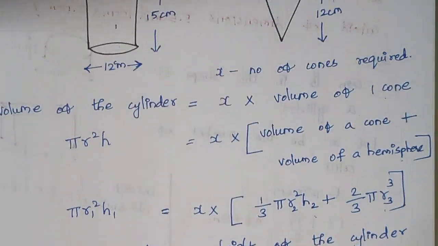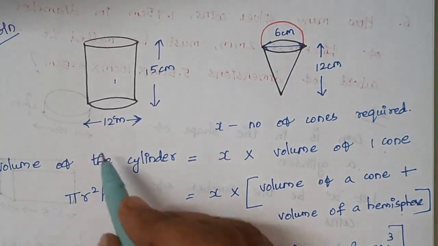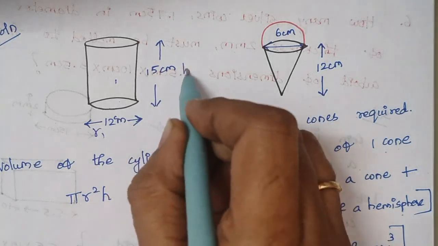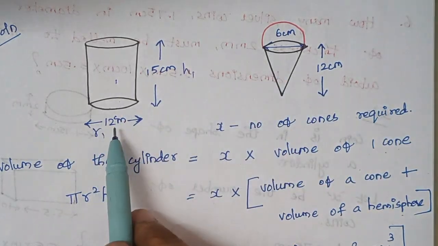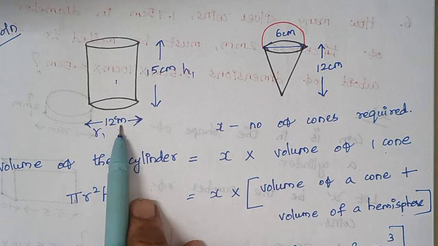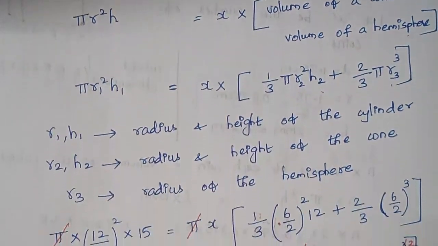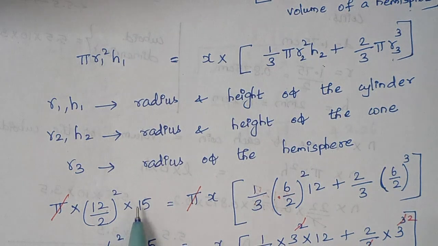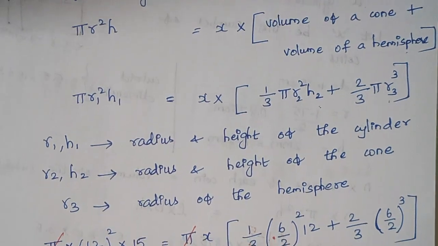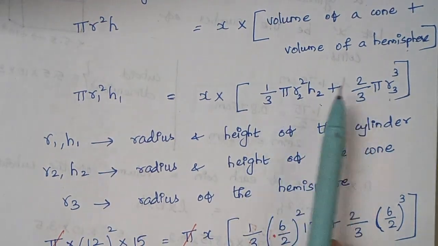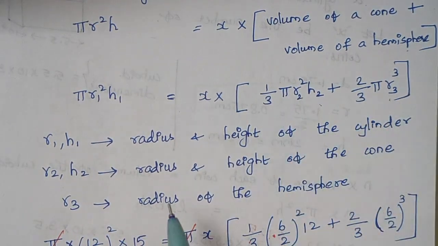You see here, this is your R1 and this is your H1. So R1 is 12, not 12. Here the diameter is 12. Therefore R1 is 12 by 2. So 12 by 2 whole square into H1 is 15, which is equal to, you see here in these two terms pi is common. So take this pi outside.